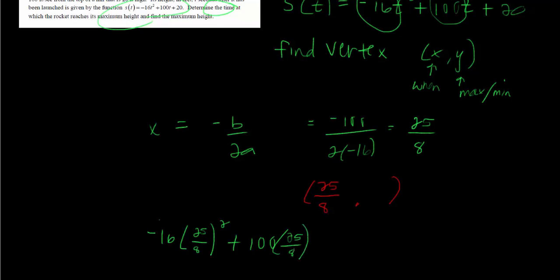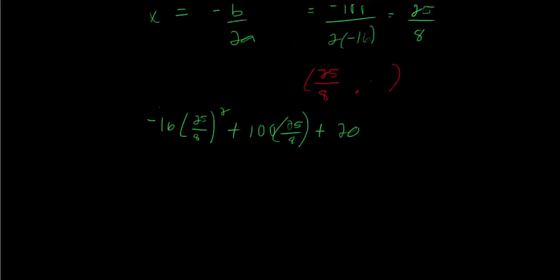Plus 20. When I type this in the calculator, I'm going to first square this fraction, 25 over 8, and then multiply it by negative 16. And then you take that figure and add 100 times 25 over 8 and then add 20 to it.